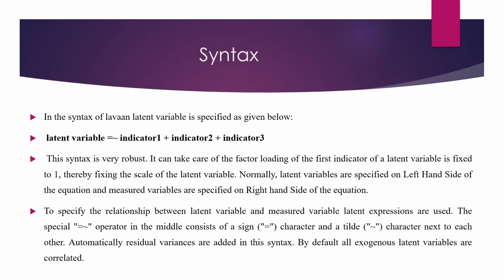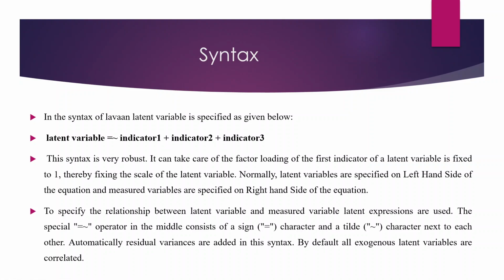Now there is a syntax which we'll have to understand while carrying out the confirmatory factor analysis in R. Whenever you specify any construct, it is written as a latent variable. The construct will be written on the left hand side and all the indicator variables will be written on the right hand side. Latent variable equals tilde indicator 1 plus indicator 2 plus indicator 3.